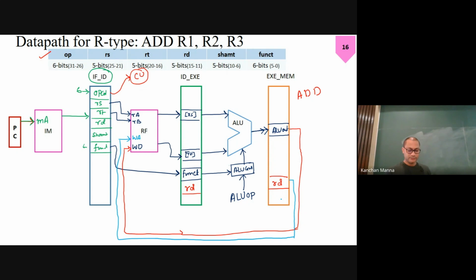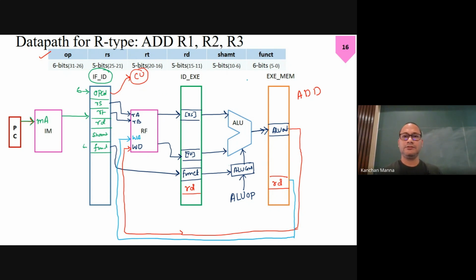Okay. So now you can see in this data path, we are not incrementing the PC, right? What do you think? Where should we do that, PC plus 4?